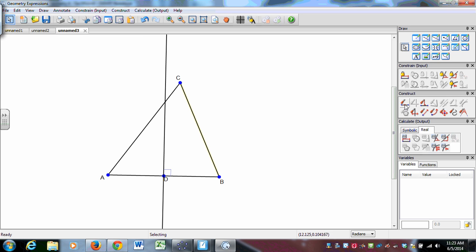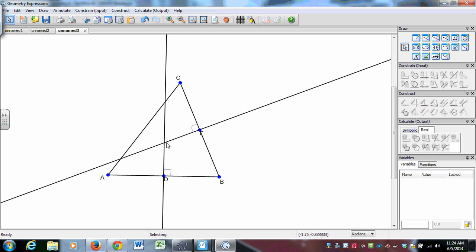Then on this segment, we'll construct a midpoint, and given that midpoint and that line segment, we'll draw a perpendicular line. No surprise that this perpendicular bisector and this perpendicular bisector cross. That's not a surprise. What is surprising is that if we do the same thing on this segment, it also goes through F.